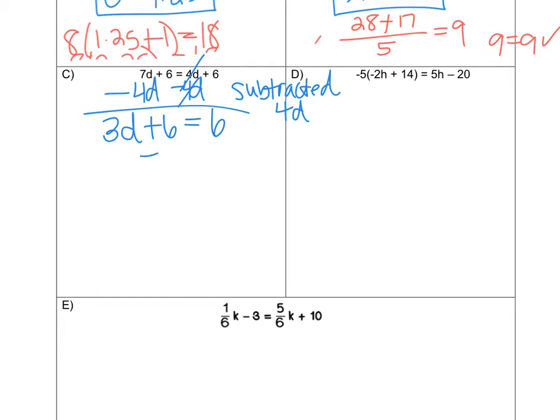Now I'm going to subtract the 6 to get all of my numbers on the right side. So I would have 3d, 6 minus 6 is 0, equals 6 minus 6, which is 0, and that's okay. 0 is a number. Don't get scared with that. So in this step, we subtracted 6.